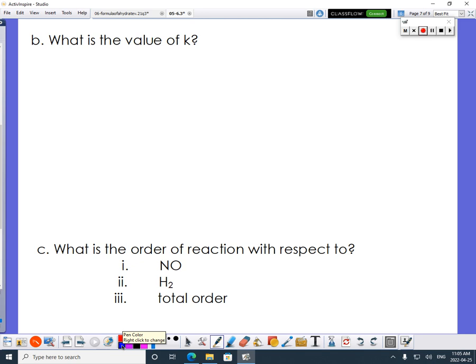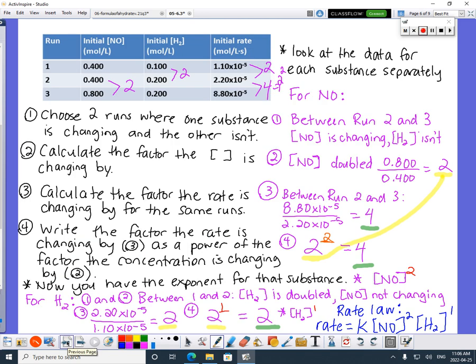So what we are going to do is use data from any of the runs. Most people just use run 1, but you have to make sure that you use only one run. You can't do this value and this value. It has to be the concentration and the rate from the same run.